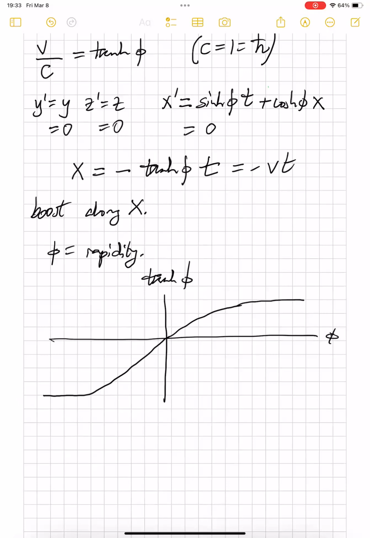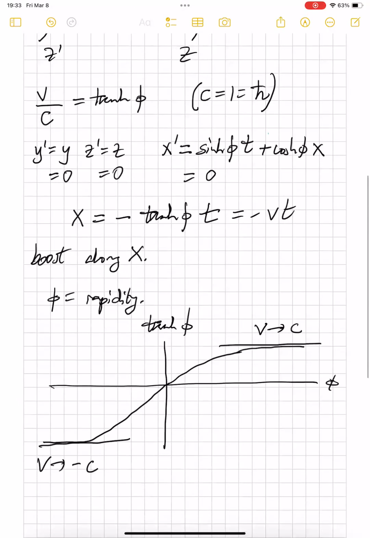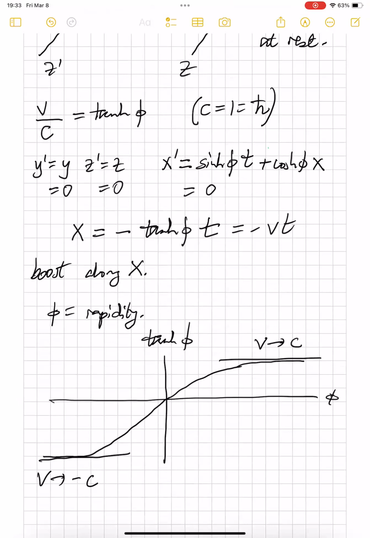At this asymptote over here, the velocity is tending to the speed of light. And at this asymptote over here, the velocity is tending to minus the speed of light. So phi can range from minus infinity to plus infinity, and the velocity only ranges from minus c to c, minus the speed of light to the speed of light.